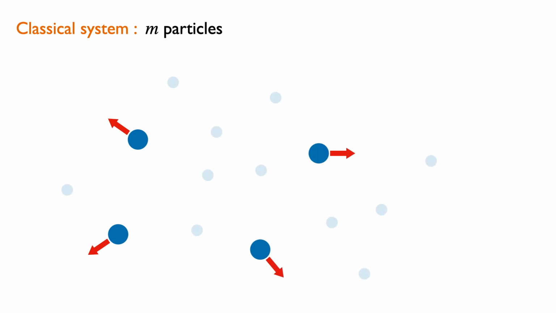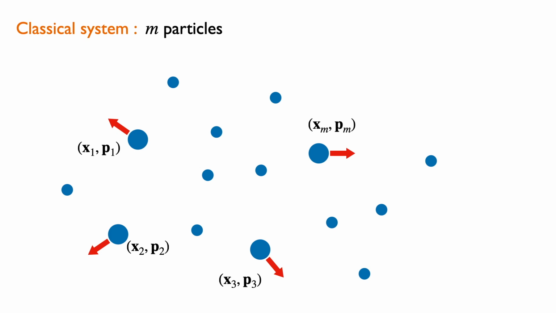For comparison, let's look at what it means to completely specify the state of a classical system. As an example, take a system of m particles. Assuming that these particles have no internal structure, then the state of each particle at any given moment can be completely specified by its position and momentum, and the complete description of m particles would just be the collection of all this information.